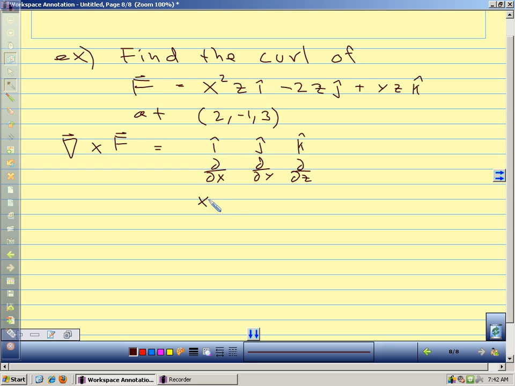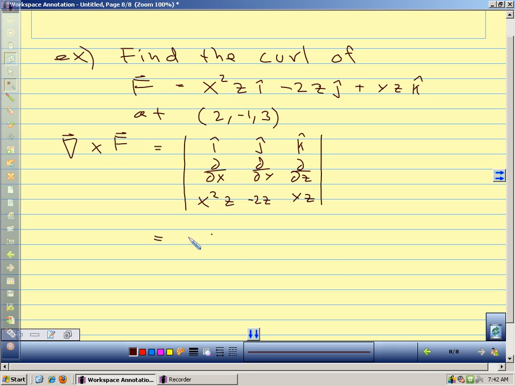So this is x squared z, minus 2xz, and yz. It's very easy to make a sign error when you're calculating the curl, so you need to be very careful.